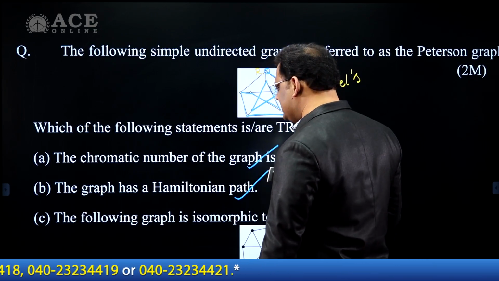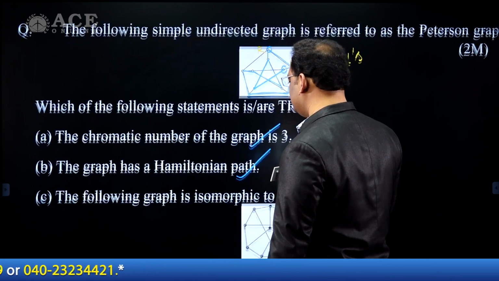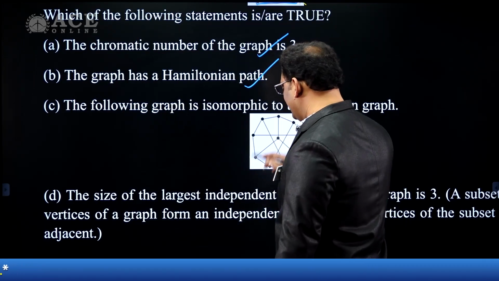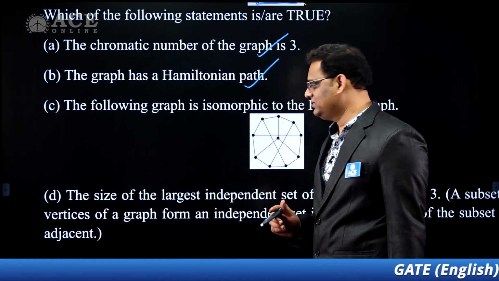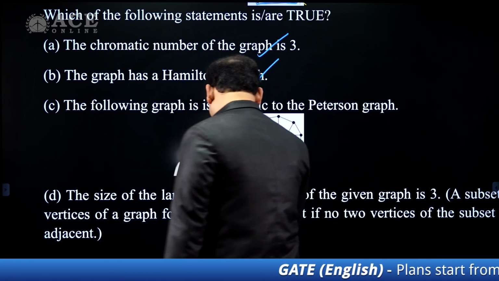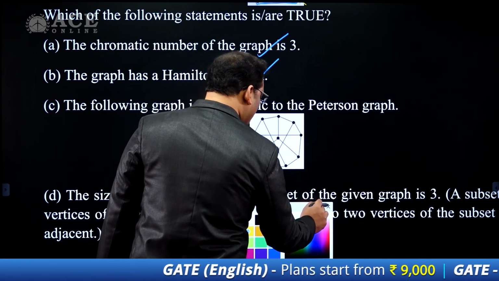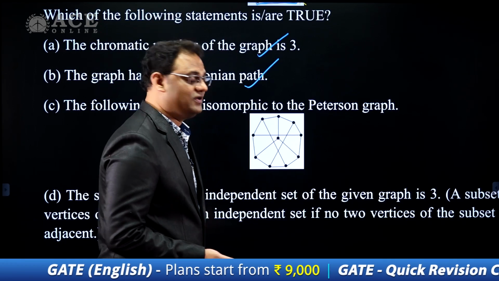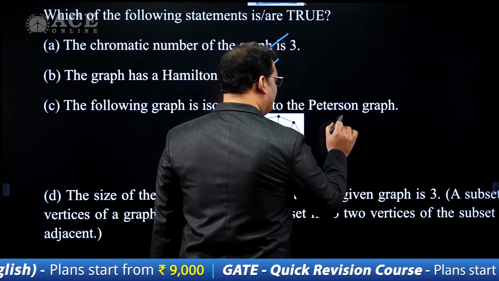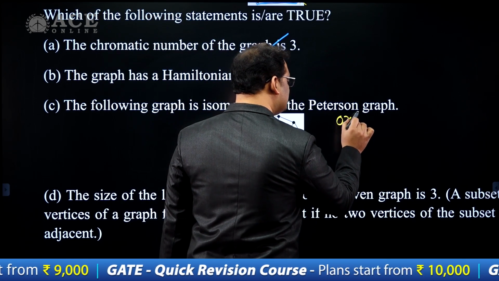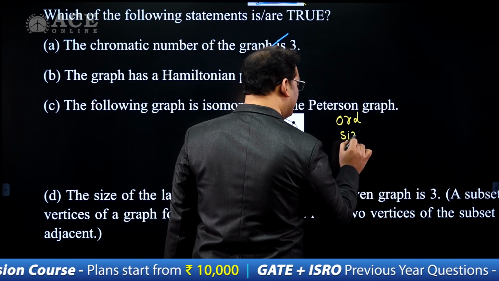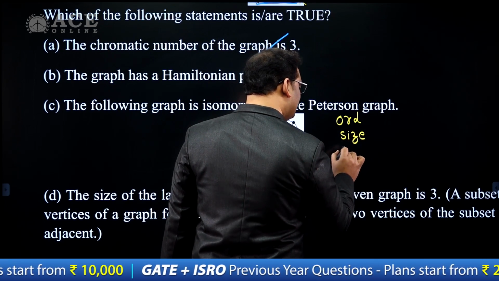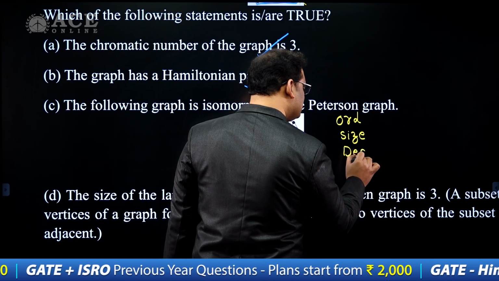And now let's have a look at this third one. Is the graph isomorphic to the given one or not? I think it is definitely isomorphic. I hope you know the rules of isomorphism. The order of the graph, number of vertices and number of edges, size of the graph, degree sequence.